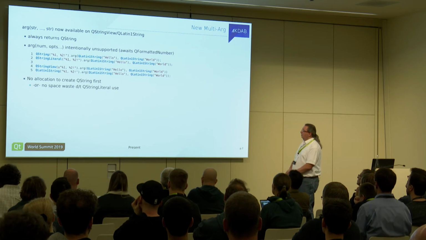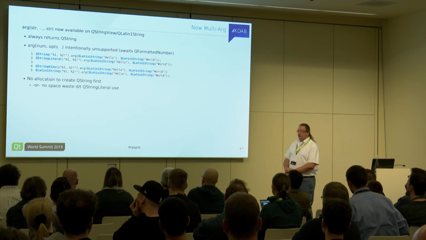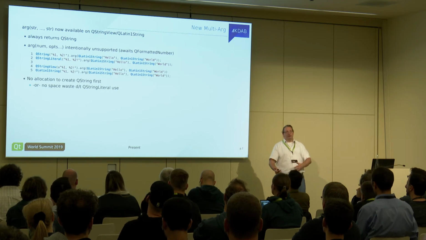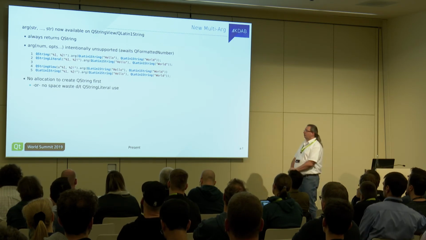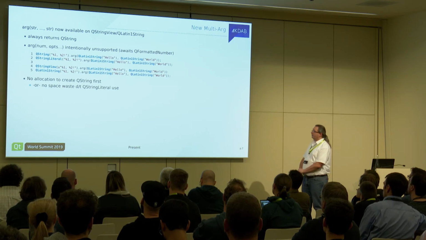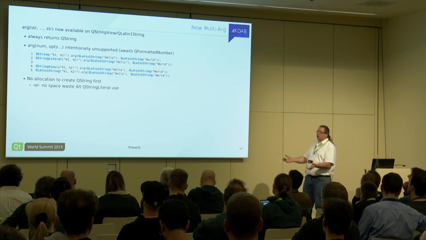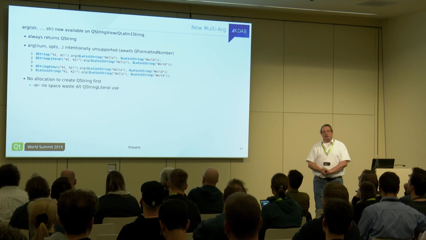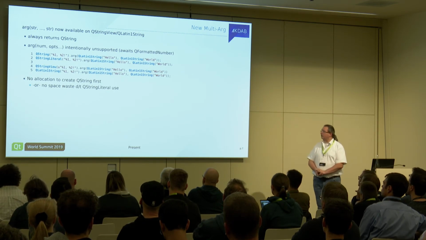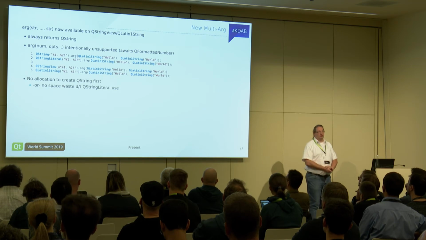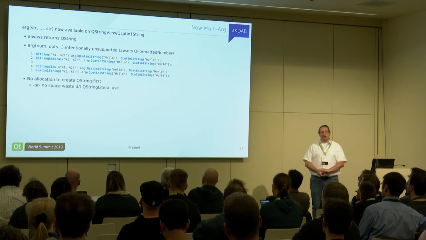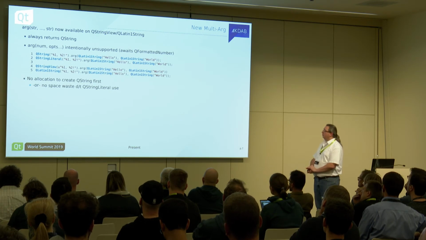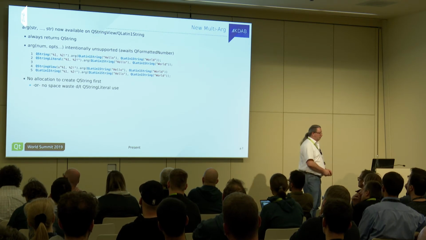Whereas if you have a character array that the compiler understands, it's allowed to share copies of those and reduce the size of the executable for you. Also, if you just have Latin1 strings, you don't need 2-byte characters to store these things. We still have the allocation in the arguments because it still takes QString, and we are passing QLatin1Strings, but we'll fix that now.